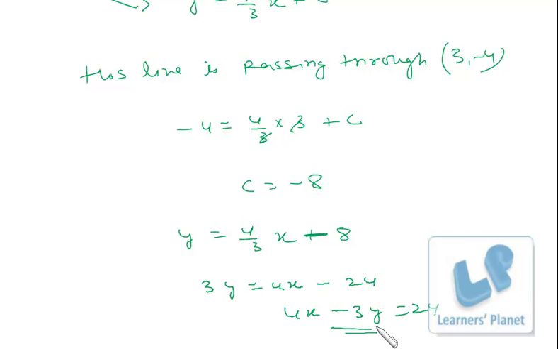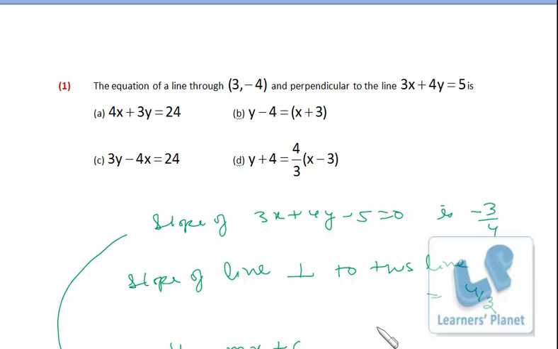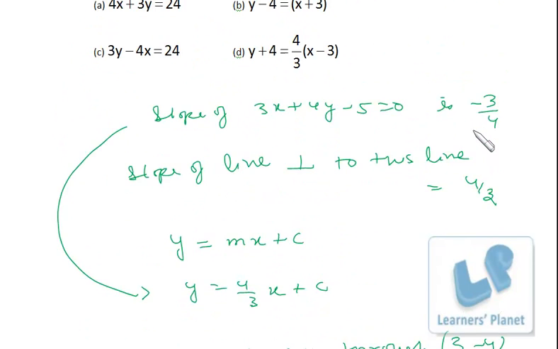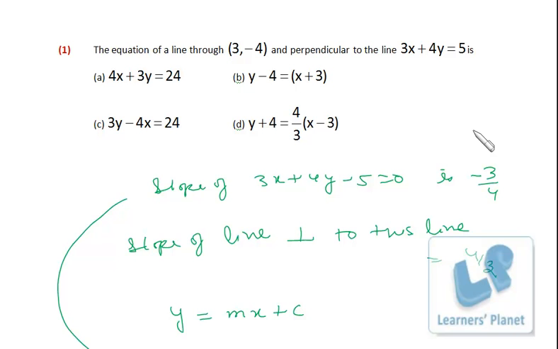So this is the equation of the line that is perpendicular to the given line 3x plus 4y is equal to 5. So what we have is 4x minus 3y is equal to 24. So that is option D. If you simplify this, you'll get the same.